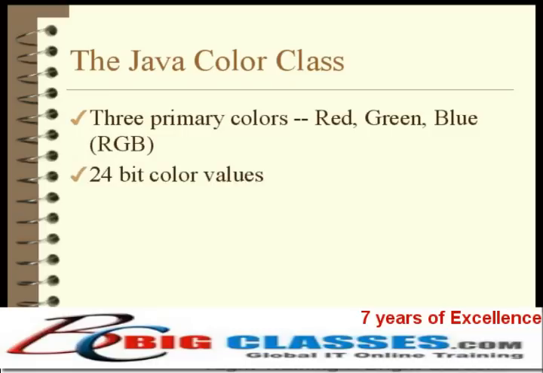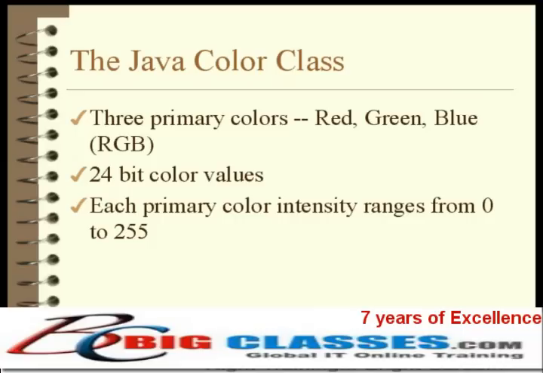Each color is stored as a 24-bit value, with each of the primary colors taking 8 bits. With each color value being stored as 8 bits, this means that each primary color can be in the value range 0 to 255. A value of 0 means no color, and a value of 255 means the color is at its maximum intensity.